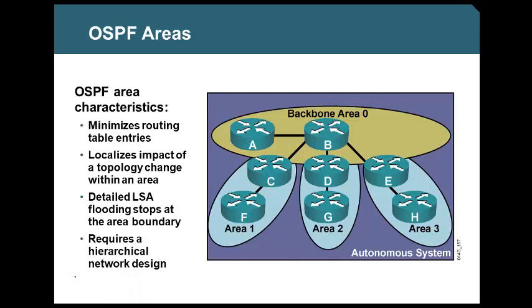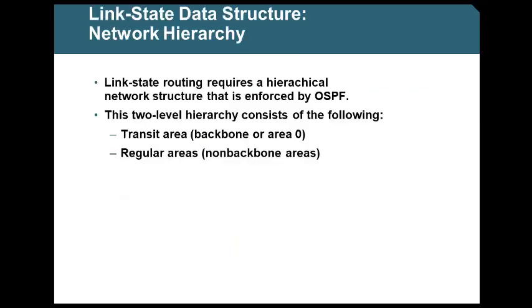So what I am trying to say in short is, area 0 is the transit area. It's the middleman, it's the mandate, it is the backbone. All other areas are called regular areas. Other than 0, all other areas are called regular areas, non-backbone areas.